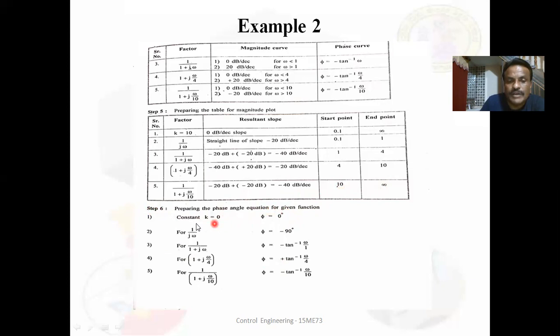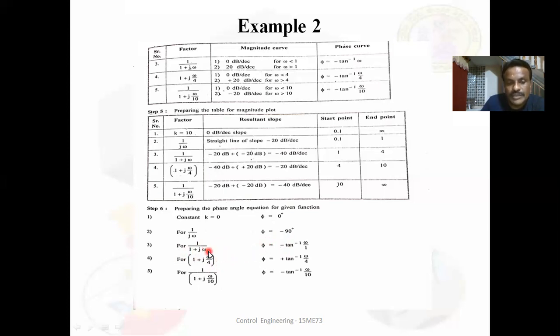For constant K the phase angle is 0. For one pole at origin, the phase angle is minus 90 degrees. Then for the simple pole or first order pole 1 by 1 plus j omega, it is tan inverse of the imaginary part by the real part.